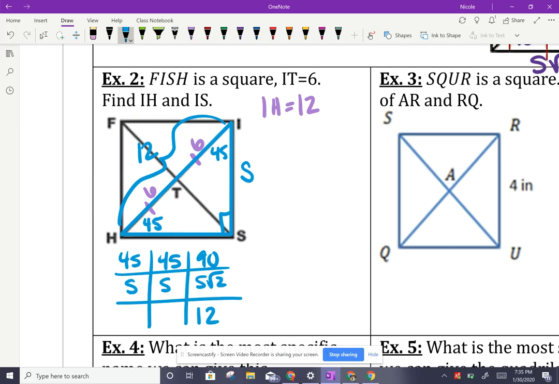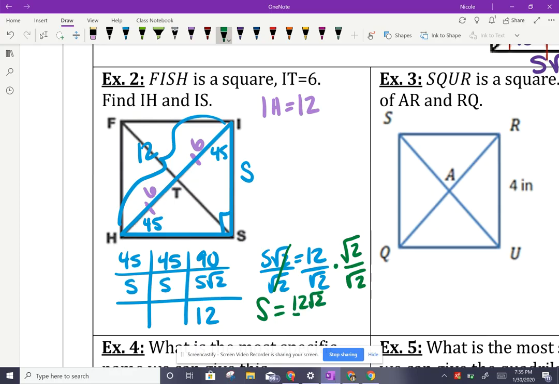And so if we divide S root 2 by root 2 and 12 by root 2, so we'll eliminate the root 2's on that side. We're going to multiply this side by root 2 and root 2. And that gives us S is going to be equal to 12 root 2 over 2, which simplifies to 6 root 2. So IS is 6 root 2.